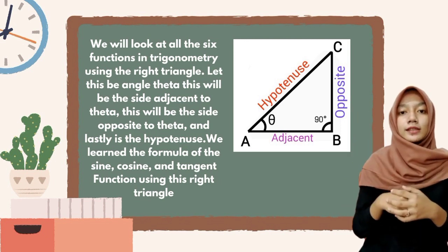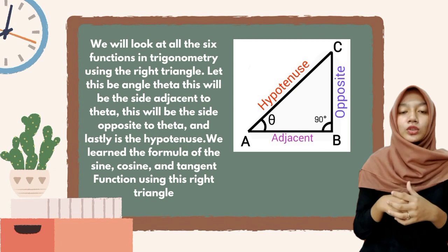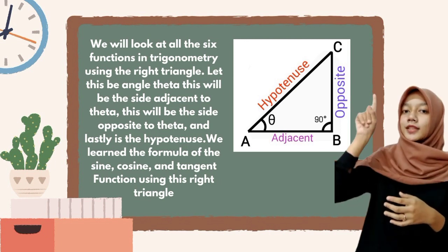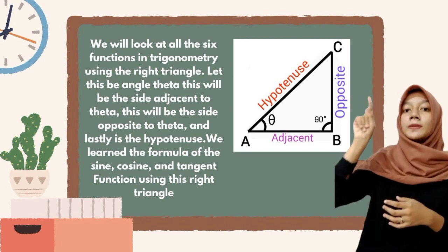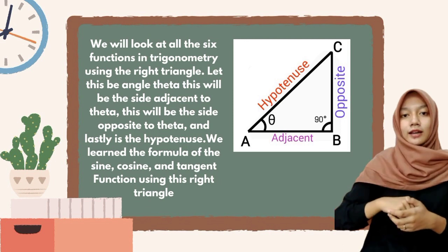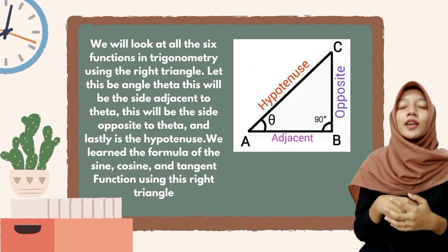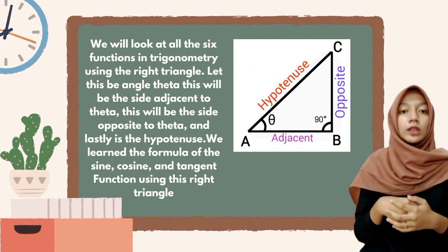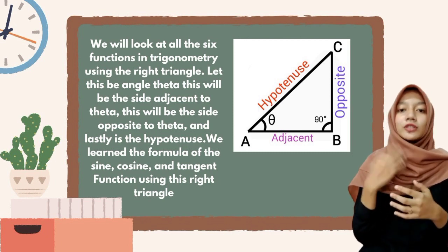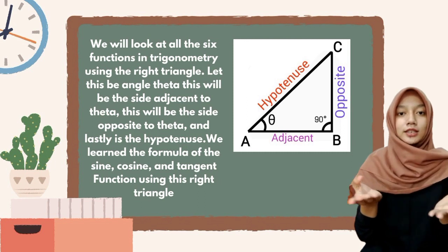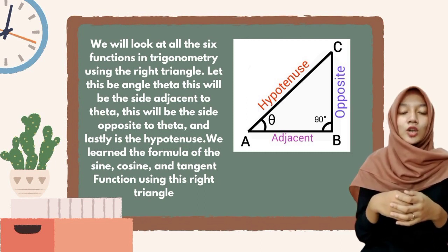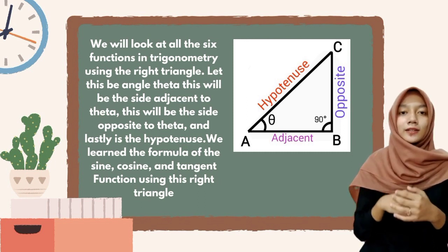This will be the side adjacent to theta. This will be the side opposite to theta. And lastly is the hypotenuse. We learn the formulas of the sine, cosine, and tangent functions using the right triangle.